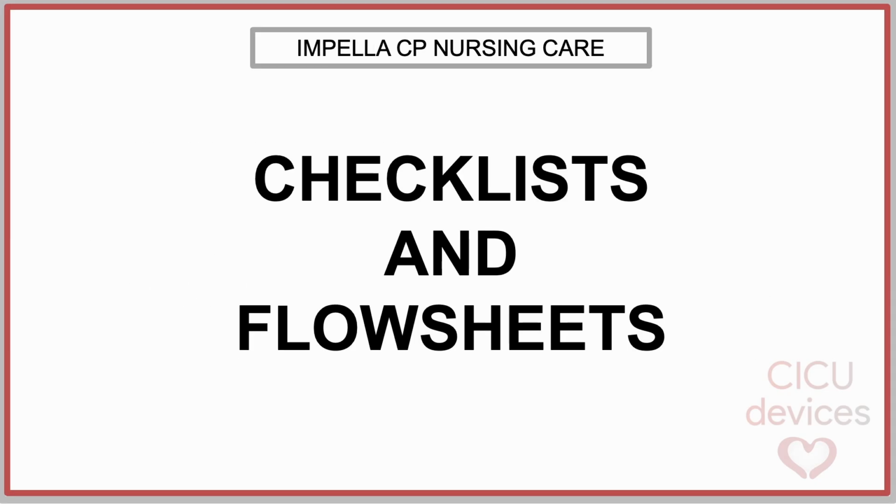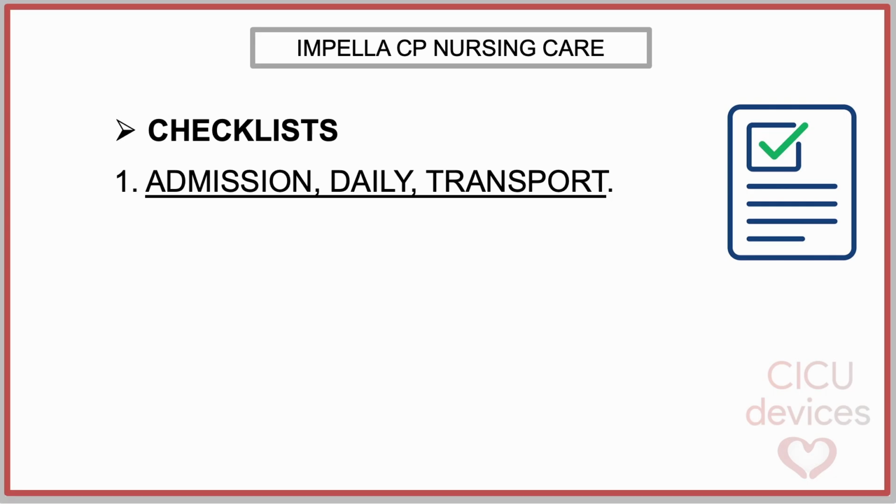In the critical care environment, checklists and flowsheets play a crucial role in supporting nursing staff by ensuring that no essential aspect of patient care is overlooked. Here is our proposed checklist to be completed upon ICU admission, daily thereafter, and after any transport for diagnostic tests or therapeutic procedures.